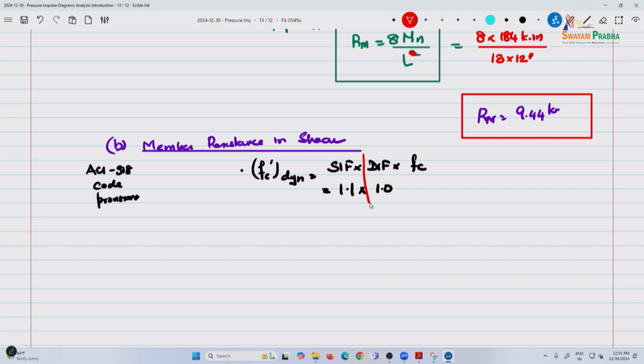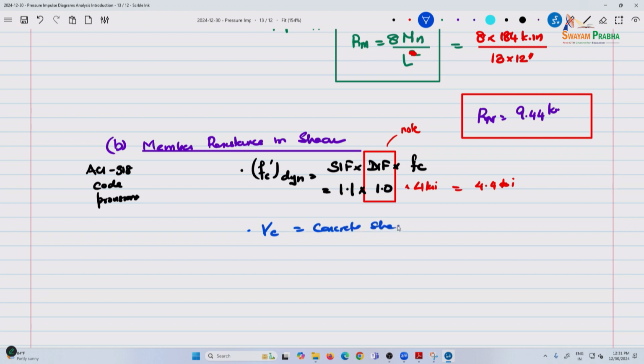In shear, it is a very brittle failure. So, note that the dynamic increase factor is 1.0 multiplied by 4 ksi. So, this is the shear capacity. This is the concrete.